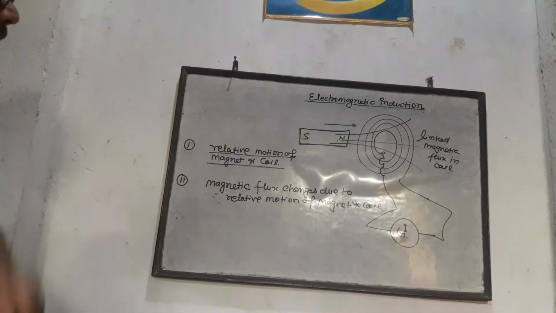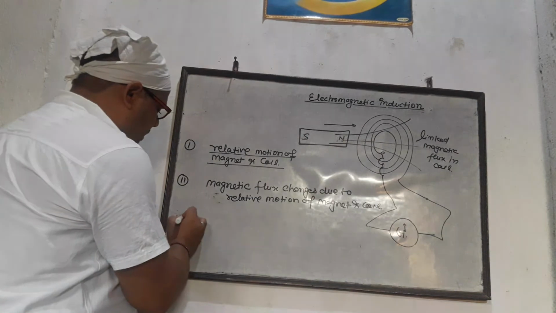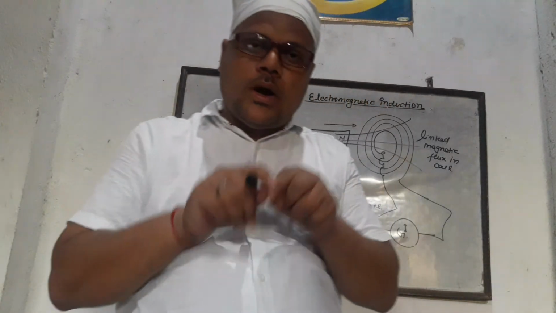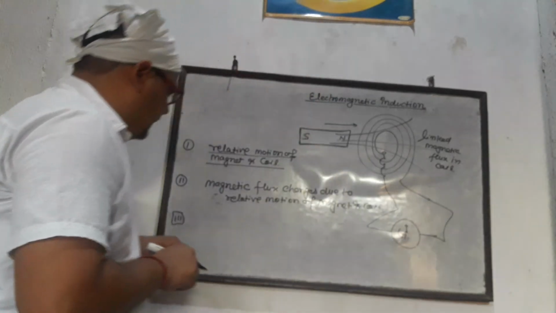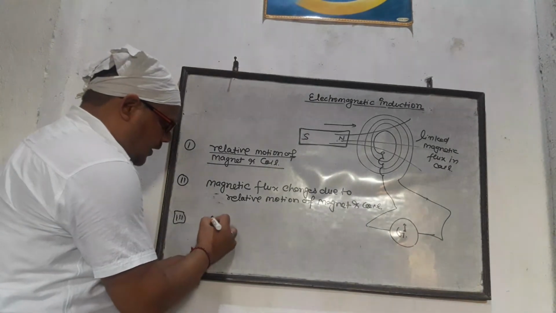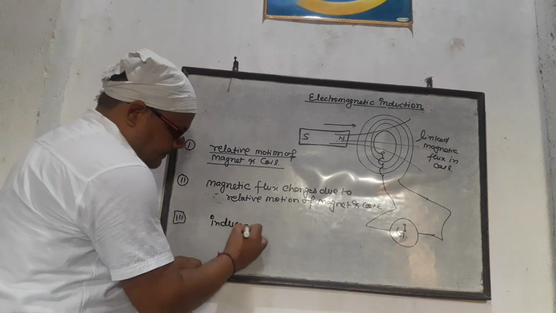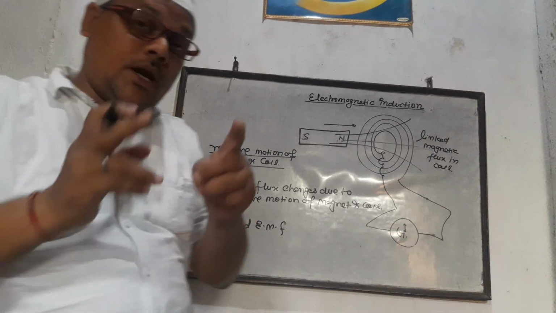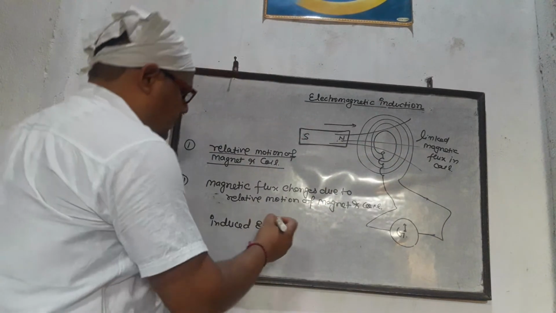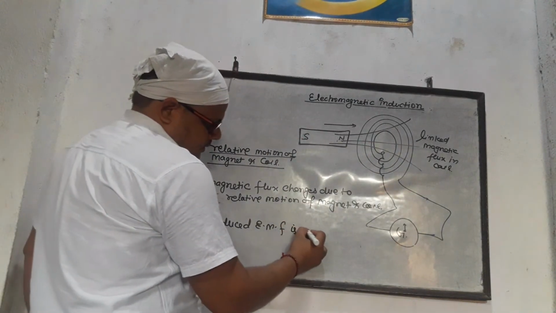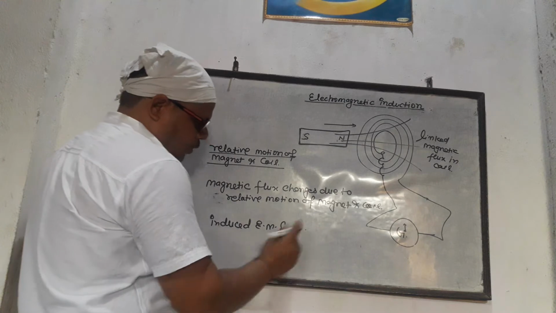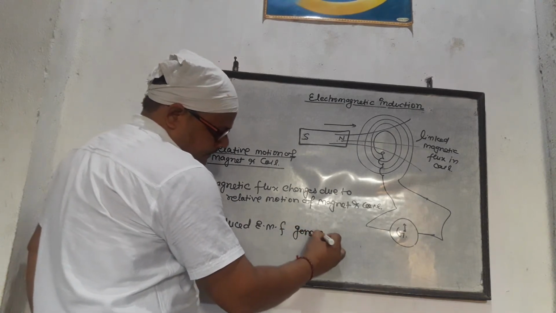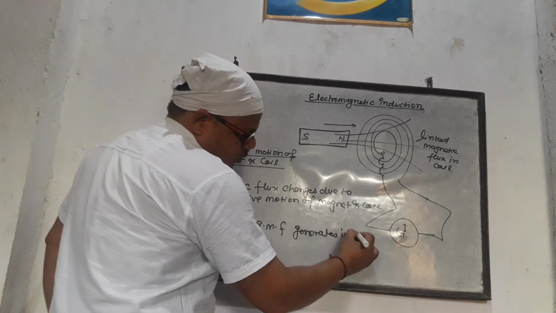Magnet and coil. And our third step is, due to the magnetic flux change in the coil, induced EMF, meaning induced electromotive force, is generated in the coil.